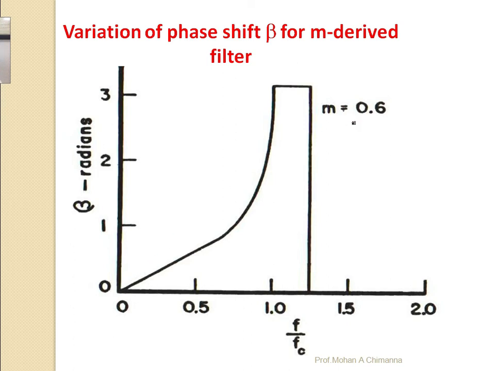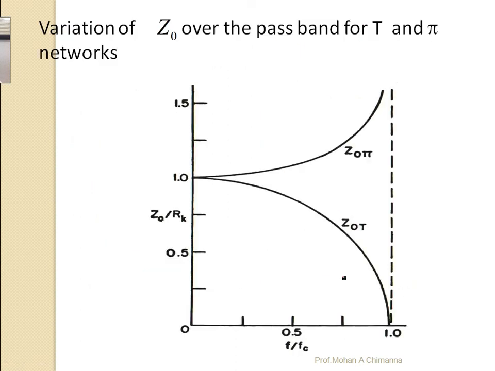And from m equal to 0.6, after f upon fc, your phase stays constant from here, from 1 to 1.2, then your phase will be constant, and after that it will suddenly go towards the 0 level. This is the characteristic or relationship between the frequency ratio and the phase.